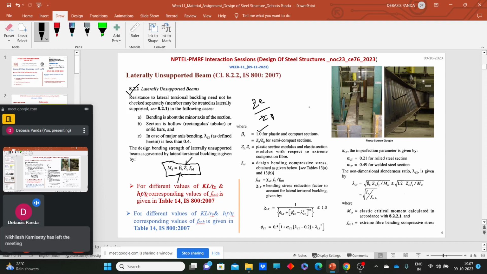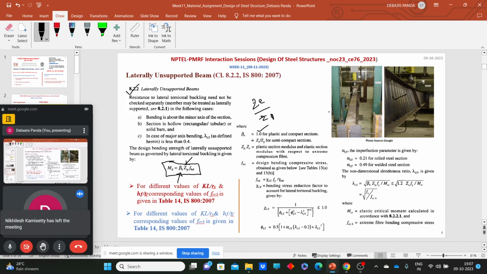Here you can see what lateral torsional buckling is. For long beams, if they are subjected to bending, there is a possibility of lateral buckling like this. To counteract lateral buckling, the term fbd, that means the design bending compressive stress, includes the lateral buckling strength.